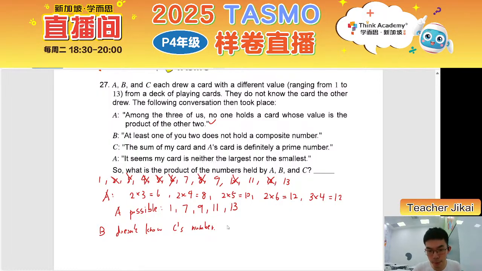He doesn't know C's number, so he must know A doesn't have a composite.